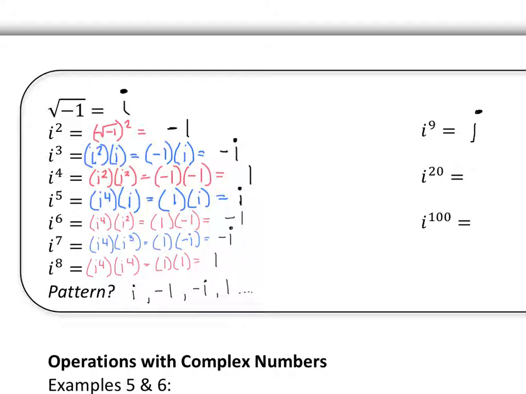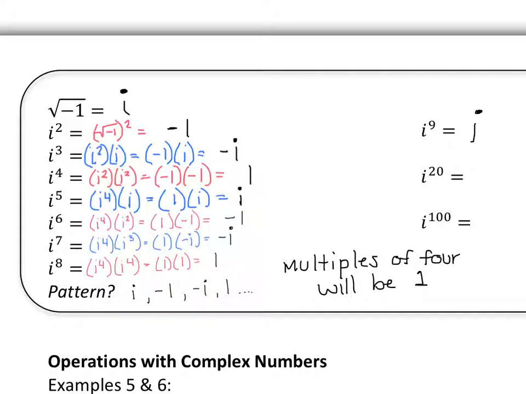Okay, now, what was i to the 4th? 1. What was i to the 8th? 1. So since it's a pattern of 4, multiples of 4 will always be what? 1. Multiples of 4 will be 1.